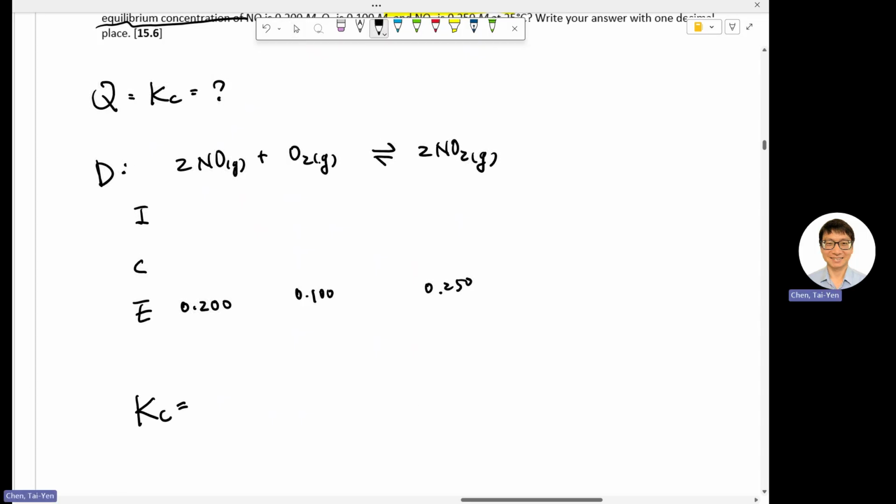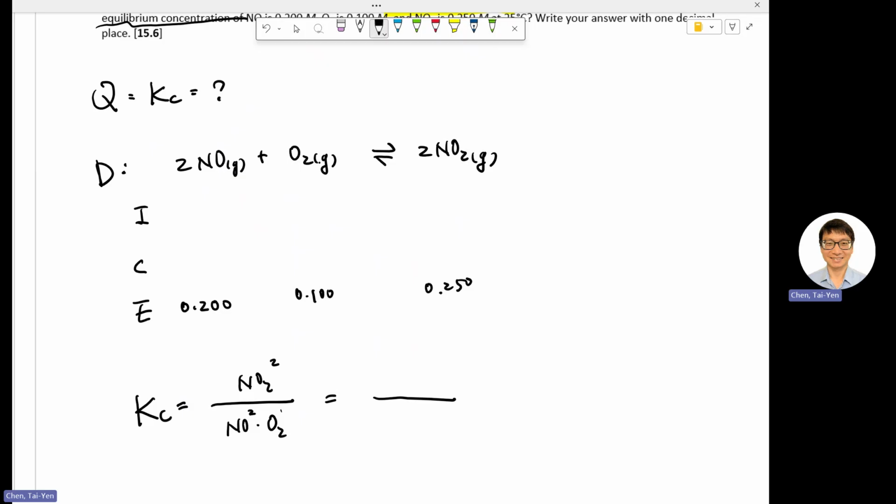You actually calculate what? Kc. Kc can be calculated by the concentration of NO2 squared over NO squared times O2 to the first power. Since it's asking for Kc, all the information you need is the concentration.